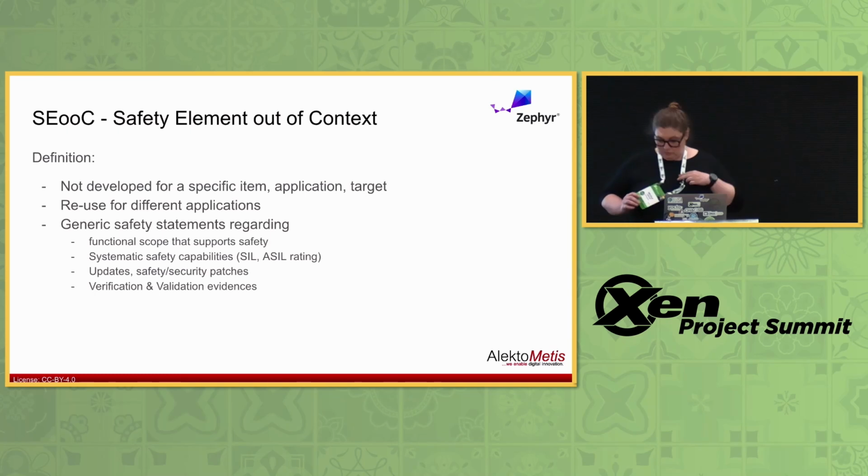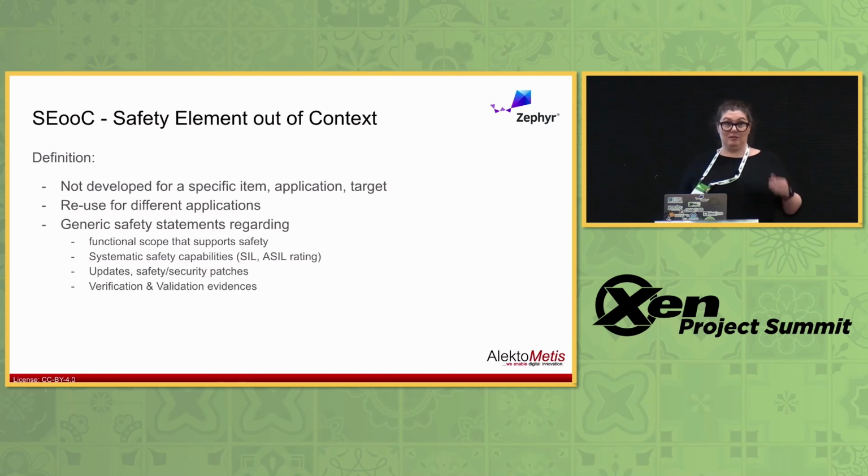So, why am I here? I really want to talk about this for an open source audience for quite some time, because there are a lot of expectations about what a safety certification is or can do, and actually there are so many things it's not. A safety element is always developed not for a specific item or a specific application or for a specific target platform.